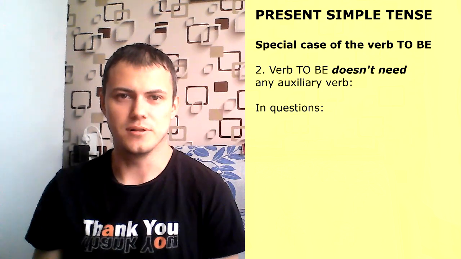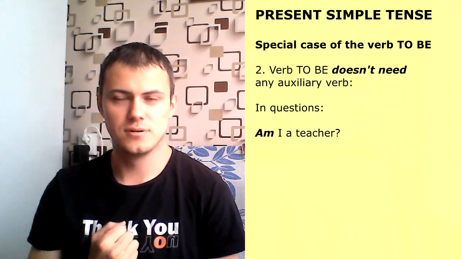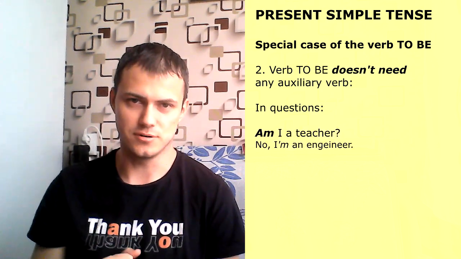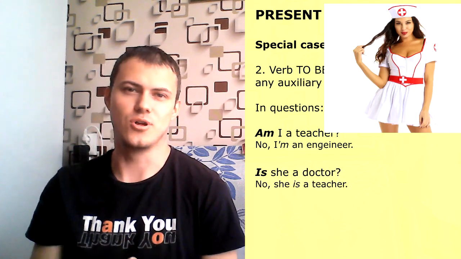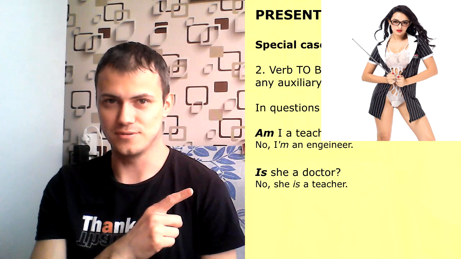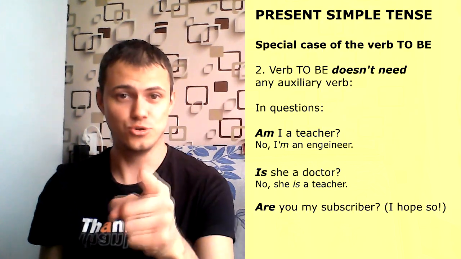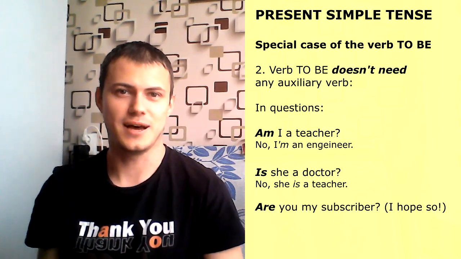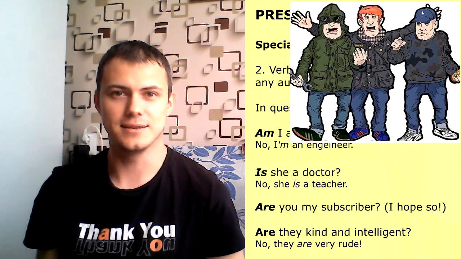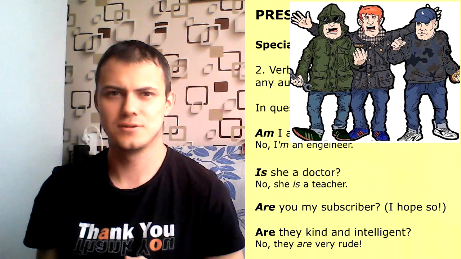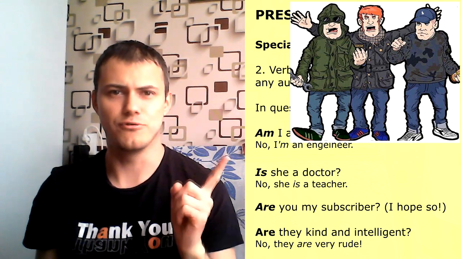For example, am I a teacher? No, I am an engineer. Is she a doctor? No, she is a teacher. Are you my subscriber? I hope so. Are they kind and intelligent? No, they are very rude.